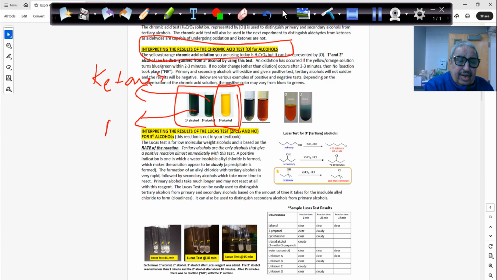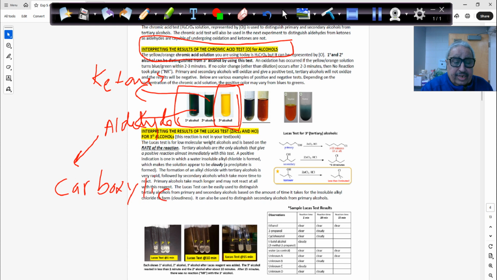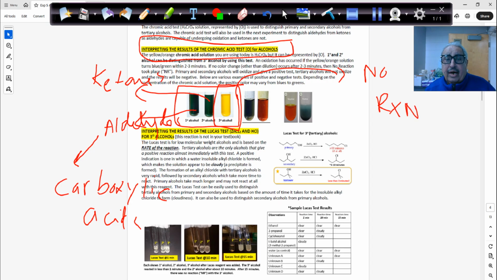This one here, aldehydes, and then from aldehyde, carboxylic acids. Tertiary here, no reaction. Okay, guys, this is with the chromic acid.